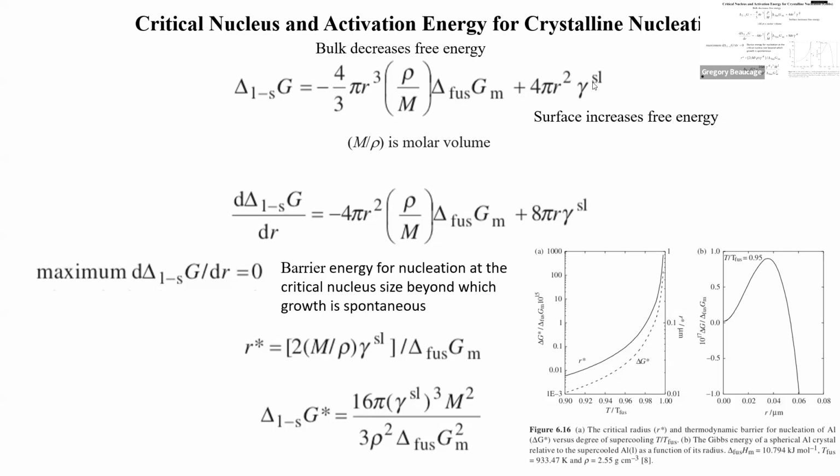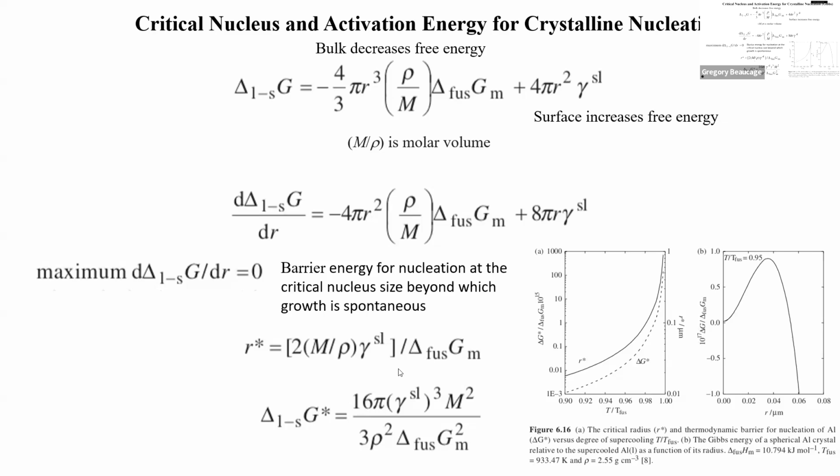So this is dropping, that's raising. This drops faster at small r, this increases faster at large r. So basically you get a maximum in this. If you take the derivative, set it to 0, then you can solve for whatever R value that would give you. So for homogeneous nucleation of a 3D particle, if you solve for what the R value is when the derivative is equal to 0, then you get R star, which is this thing.